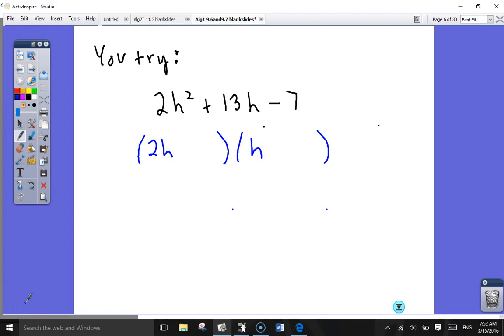So again, what are the factors of negative 7? 1 and 7. It could either be 1 times negative 7 or negative 1 times positive 7. It had to be one of the two. Then you had to check which one of them it's going to be, and where do they go? Which one goes with the 2h, which one goes with the h.